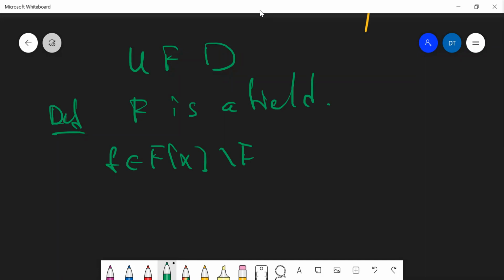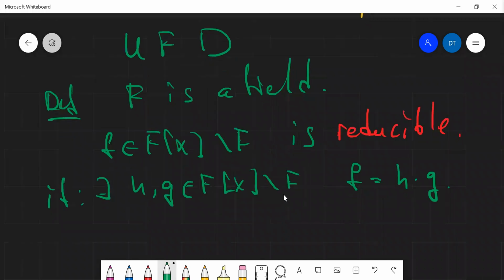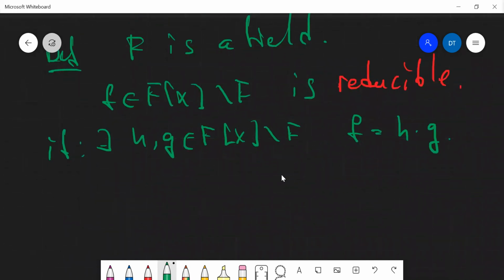We will say that this polynomial is reducible if there exist non-constant polynomials h and g such that f is a product of h and g. So a polynomial is reducible if you can factorize it as a product of non-constant polynomials. And it's called irreducible if there is no such factorization.